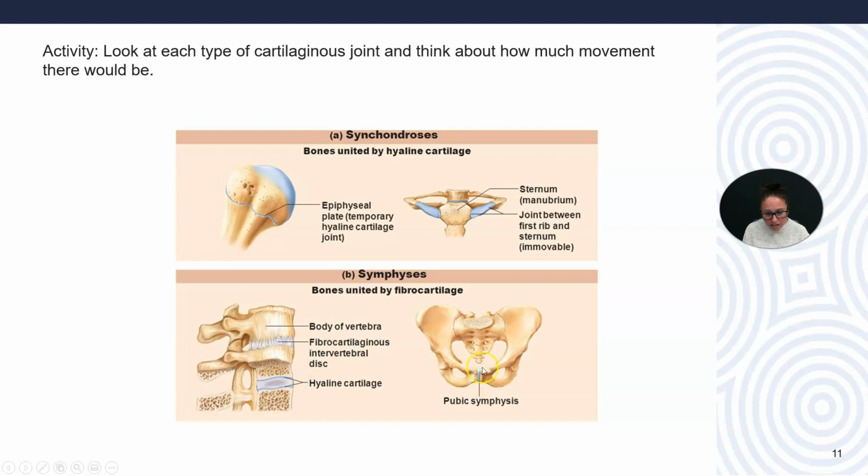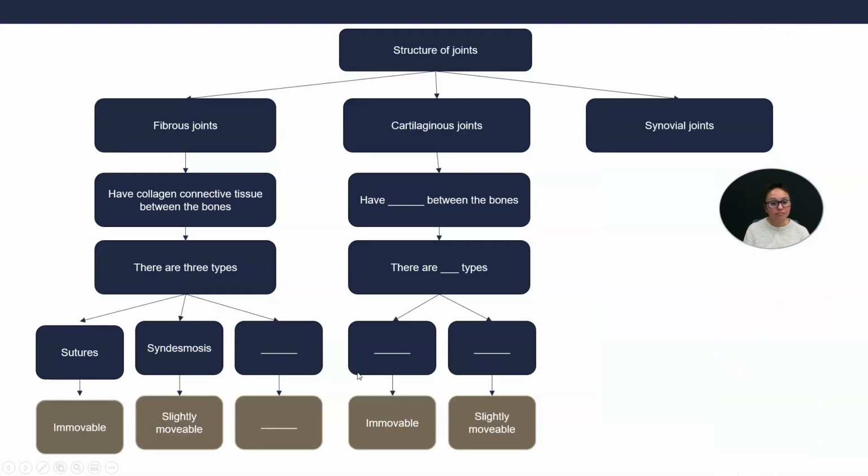Yeah, look at that. Okay, so we have some of them that don't move, like immovable, and these ones move a little bit. Okay, I'll let you fill in this concept map.